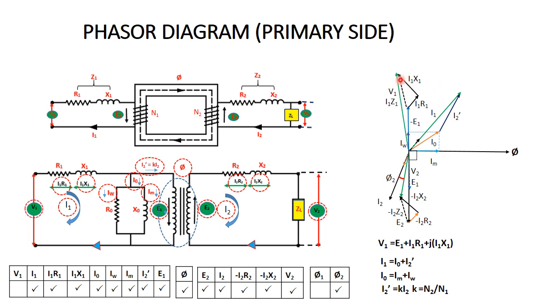From this point and the origin point, V1 can be formed. The angle between V1 and I1 is phi 1. So from this phasor diagram, we can get the 17 terms. The angles phi 1 and phi 2 are not the same. This is a step-by-step approach to form the phasor diagram.